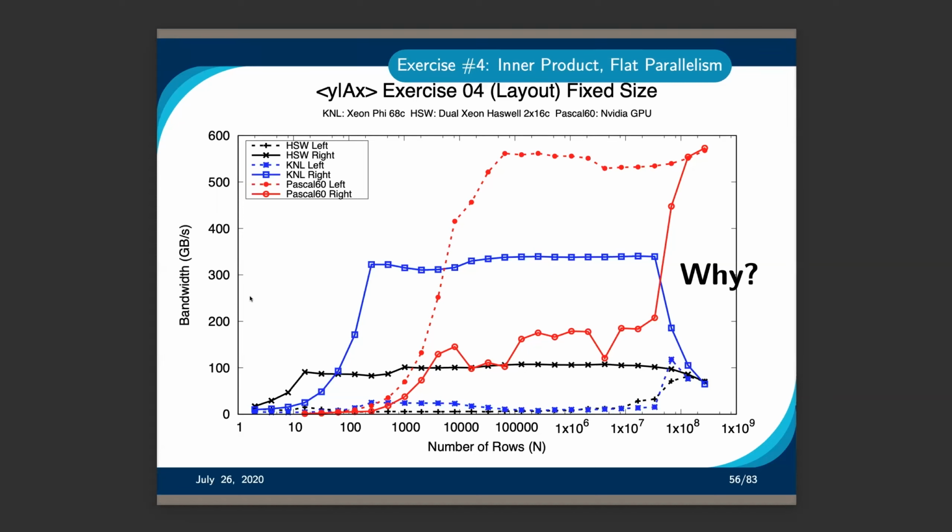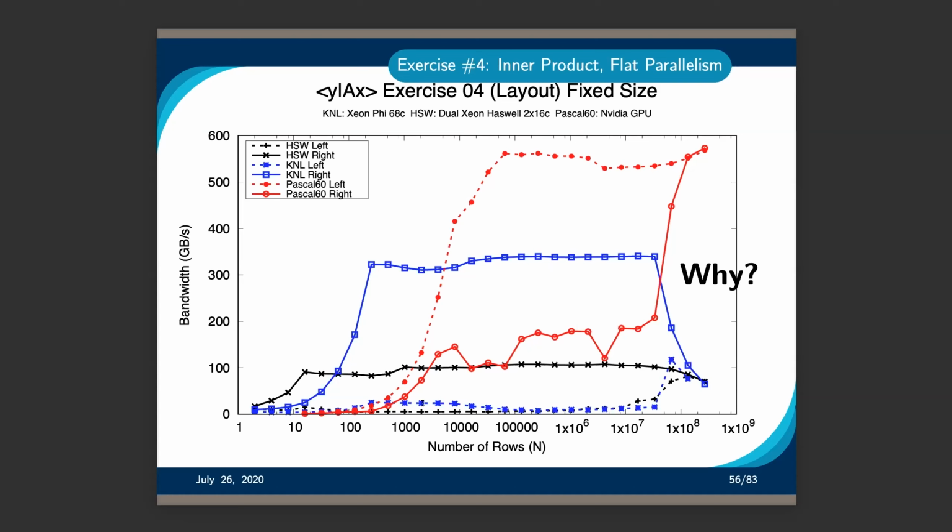And then what I did is I ran that on, in this case, a Pascal GPU, KNL, which is what you have on Theta, and Haswell. And I ran that using layout left and layout right. Layout left is the dashed lines, and layout right is the solid lines. And what you see here is that the performance difference is quite stark, right? You see the difference between the two blue lines.